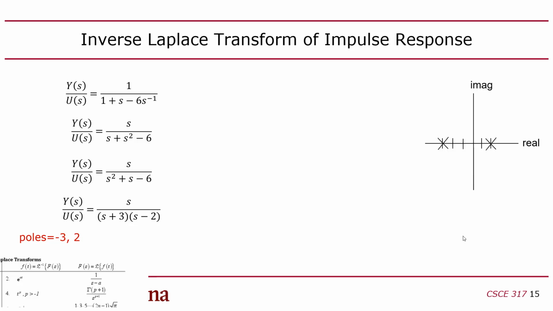Well, it's really tricky. The way that it's done, believe it or not, sounds crazy, at least to me it sounded crazy, but people use just a table to do inverse Laplace. They literally look it up on a table. So one of the ways to do it on a table is if you have 1 over s minus a, the inverse Laplace transform of this is exponential a times t. So we go from the s domain here to the time domain here, from right to left on this table.